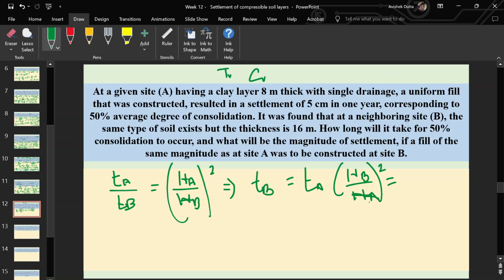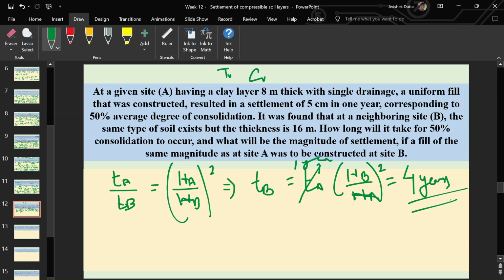What is Ta? 1 year. What is Hb? 16 divided by Ha 8. 16 by 2, 2 square 4. So the value of Tb is 4 years. It will take 4 years to achieve the same degree of consolidation.